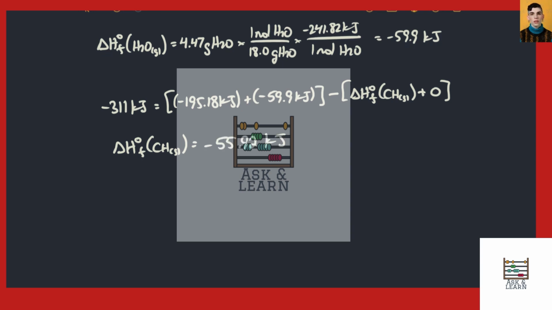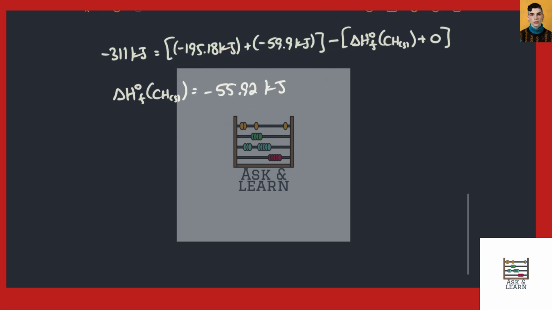And so negative 55.92 kilojoules divided by the total mass of the hydrocarbon, which is 6.455 grams, times 1 CH unit is equal to 13.0 grams.